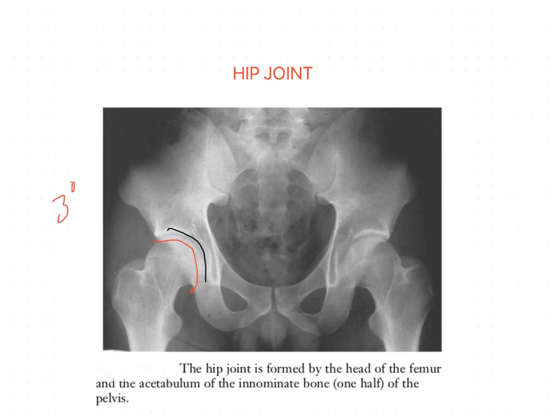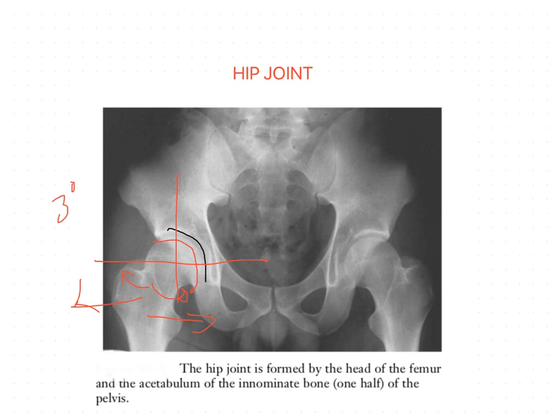One is flexion and extension in the sagittal plane, abduction and adduction in the coronal plane, and medial rotation and lateral rotation in the transverse plane. These are the movements taking place at the hip joint, that is 3 degrees of motion.